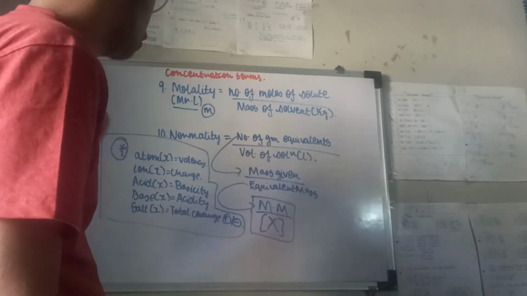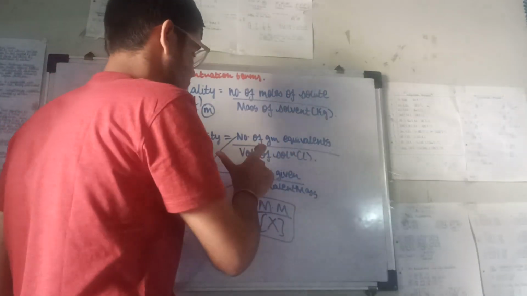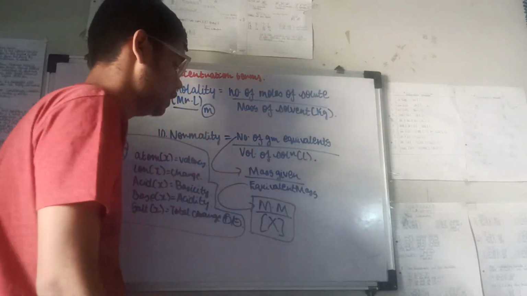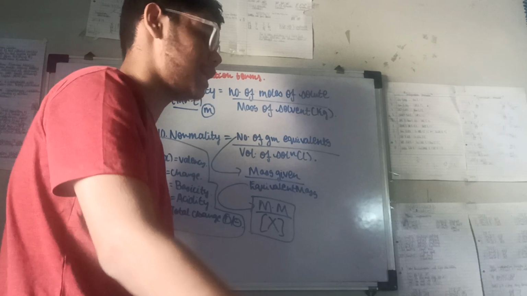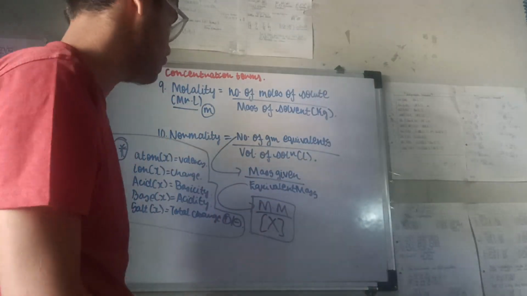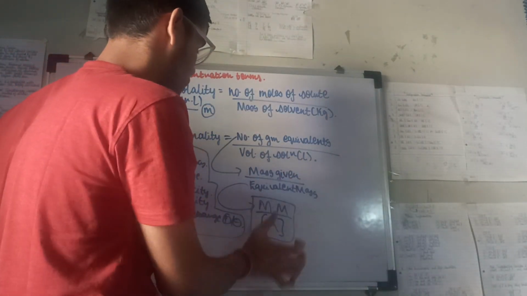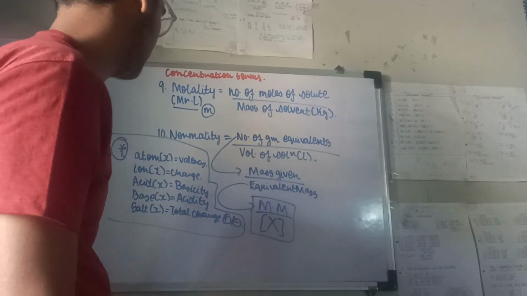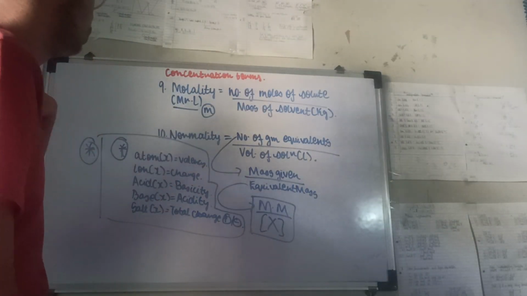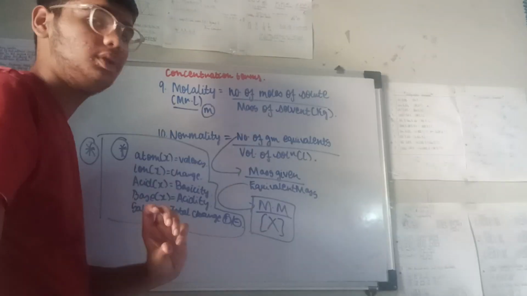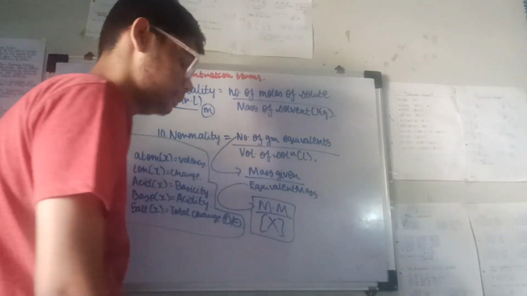So let's revise normality. Number of gram equivalents of solute by volume of solution in liter. Number of gram equivalents, we can find as mass given by equivalent mass. Equivalent mass, molar mass by factor X. So copy these two down and then we will see the next concentration term.